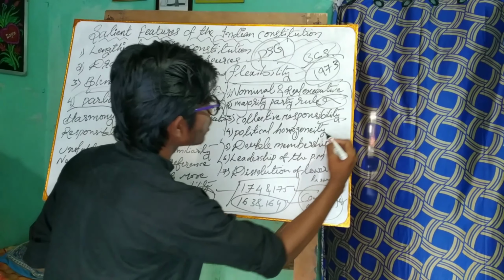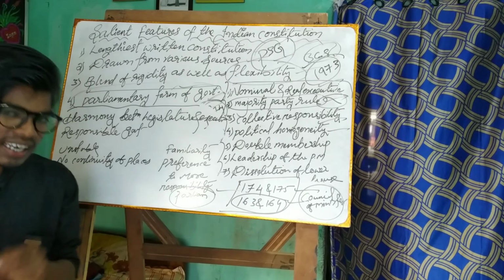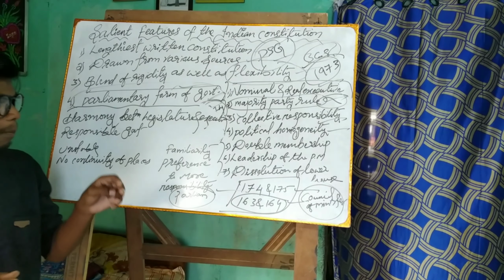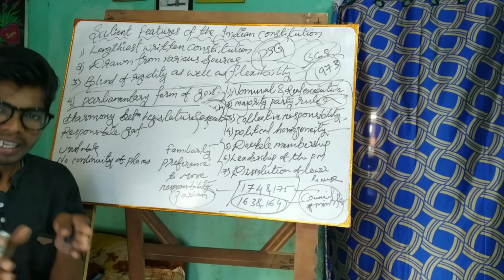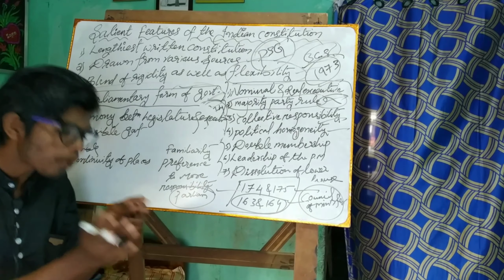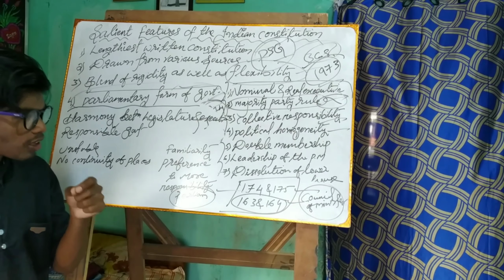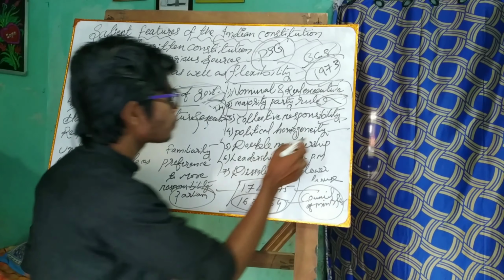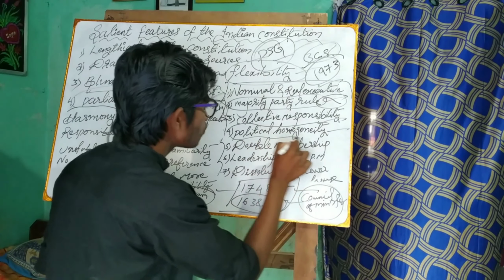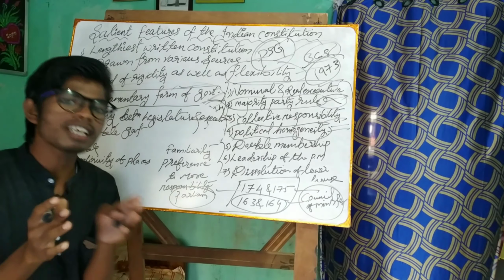We also have political homogeneity. The members who are in power belong to the same political party and have the same ideology, and due to this political homogeneity, there will be smooth functioning in the governance of the country.